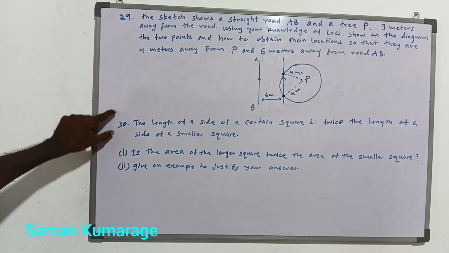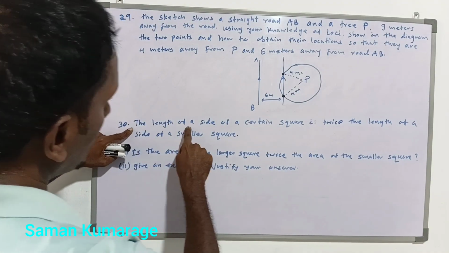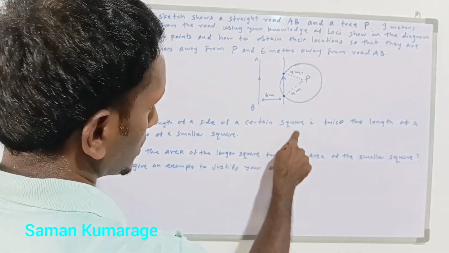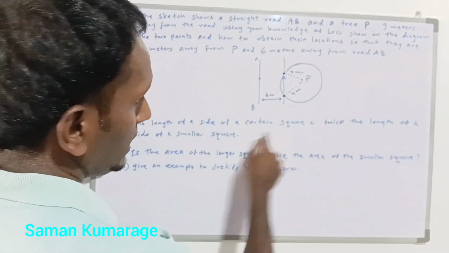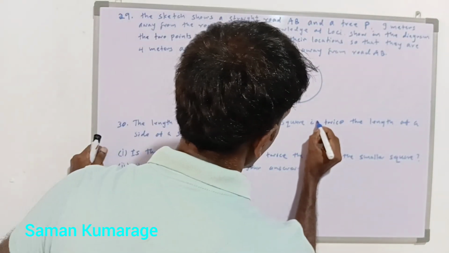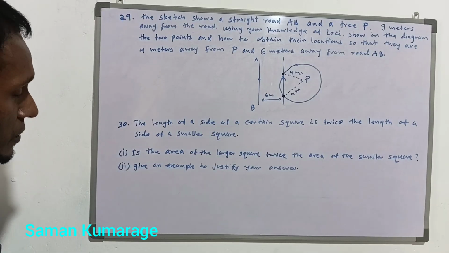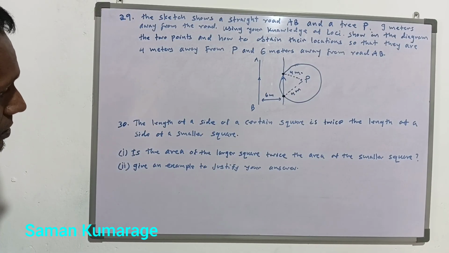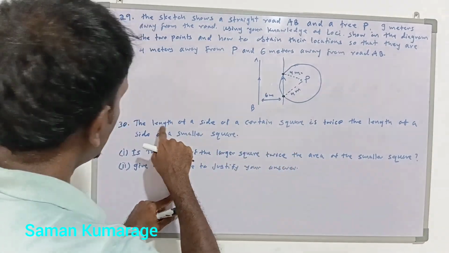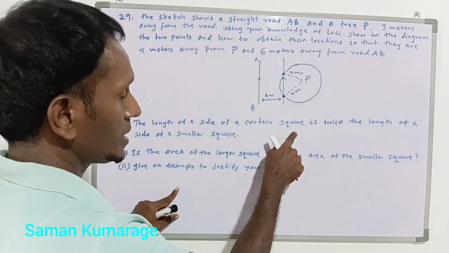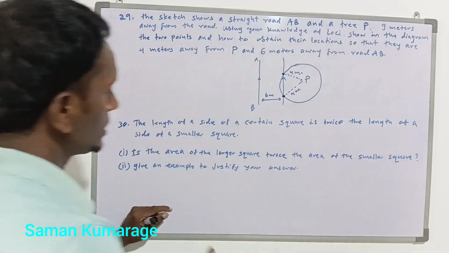Okay, then question number 30. It says the length of a side of a certain square is twice the length of a side of a smaller square.